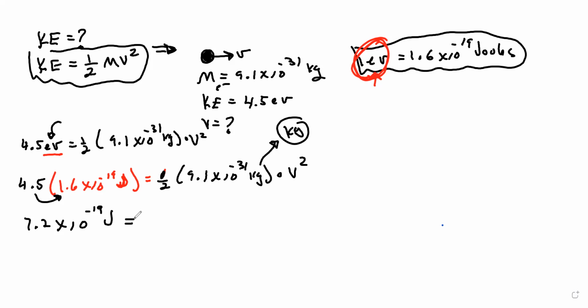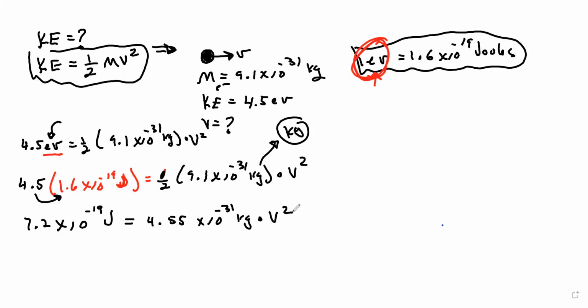And that's equal to 9.1 divided by half. So it's going to be 4.55 times 10 to the minus 31 kilograms times velocity squared. So that's what we have right here.